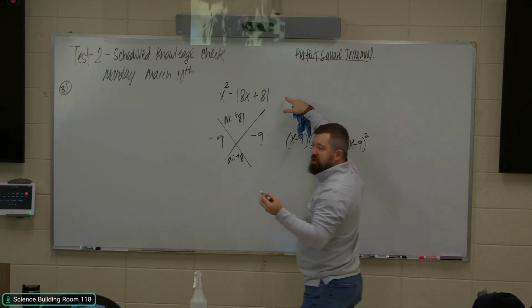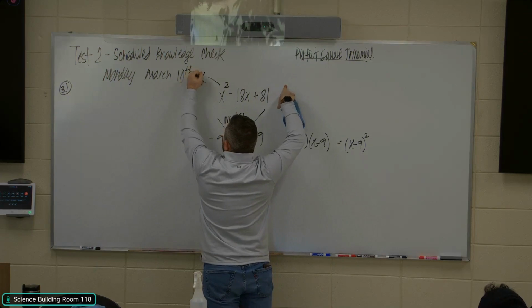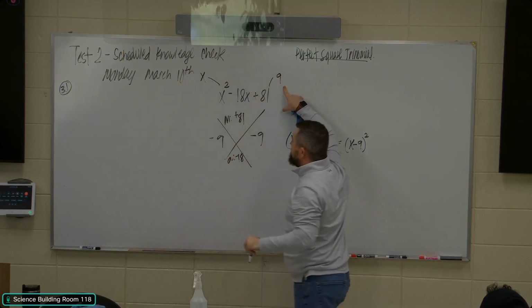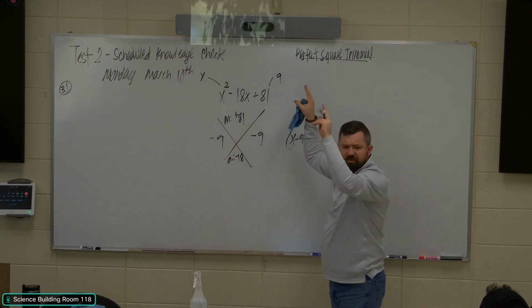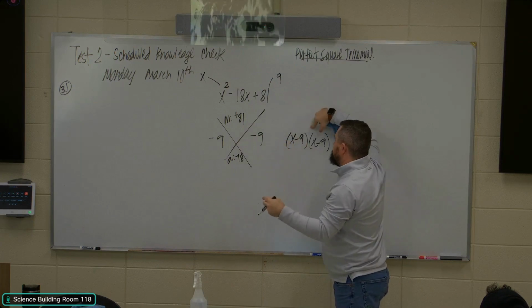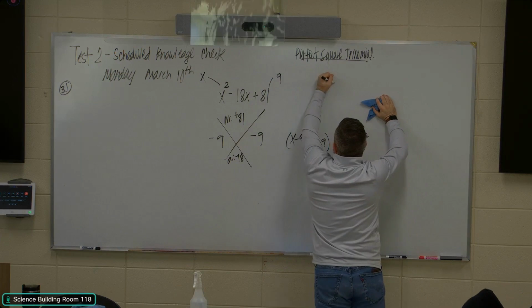Basically, a perfect square trinomial, you can take the square root of the front and the back. The square root of x squared is x. The square root of 81 is 9. And if it fits the format, then I think this is the formula. I'm not 100% sure.